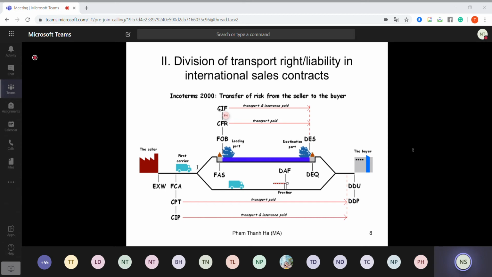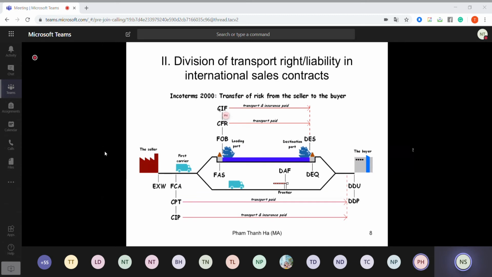The insurance of the CIF covers up to the sea port, and the insurance of the CIP is up to the agreed destination in the country of discharge. The transfer of the risk of CIF is at the seaport of discharge, and the transfer of the risk of CIP is to the first carrier. Okay. Thank you very much.